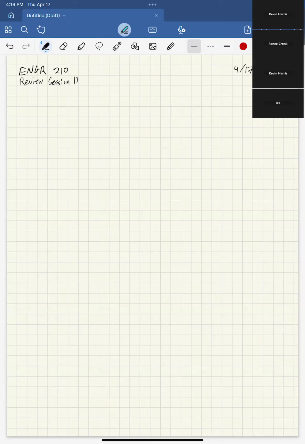I don't know. The advice as always is just look at what was on the homework and make sure you understand it. Other than that, I'll start with last week's quiz, the harder question from it.